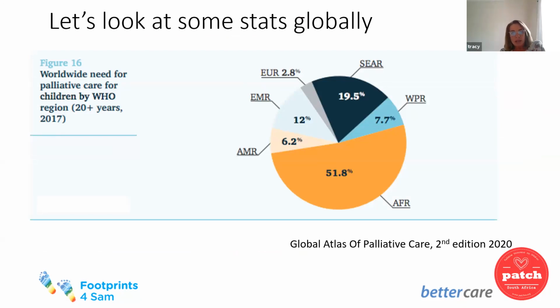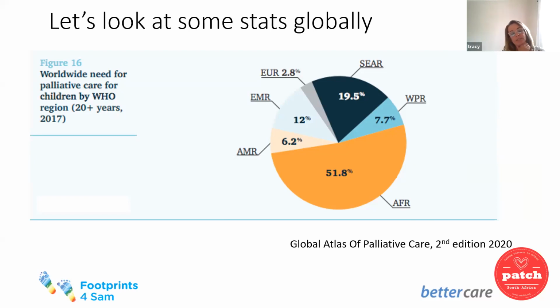The Global Atlas of Palliative Care released their second edition last year, 2020, of the different statistics around the world, globally, on where we find palliative care, where it is. If you have a look at children's palliative care around the world, the main place where the need for palliative care is, is Africa.